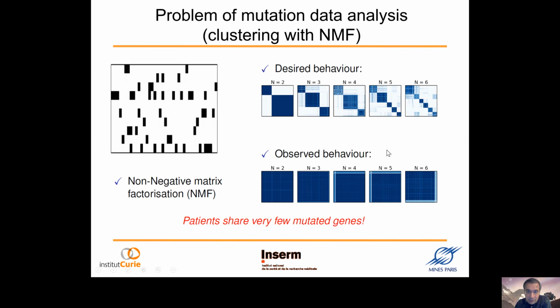When you apply clustering, this is the so-called consensus matrix of clustering. It's a square matrix, and it shows the fraction of pairs of patients which appear in the same cluster when you repeat your clustering many times.